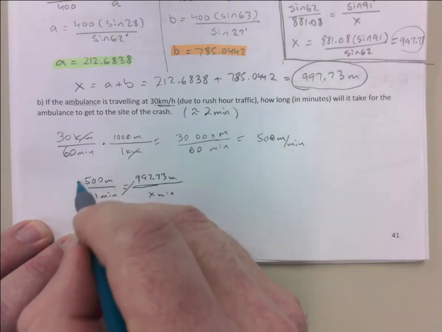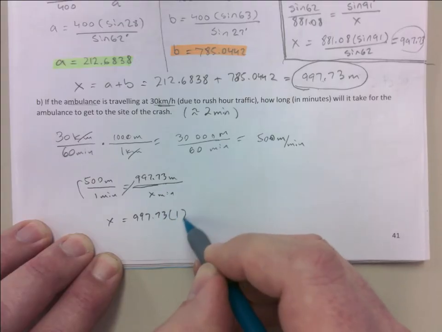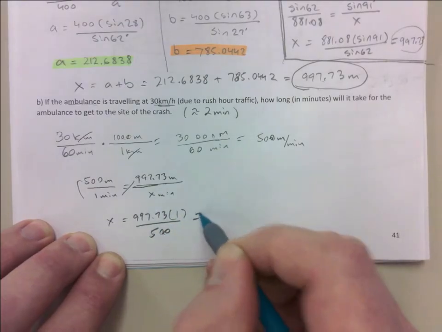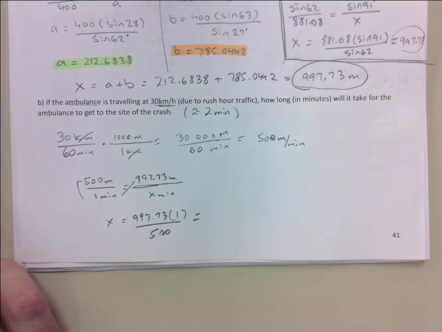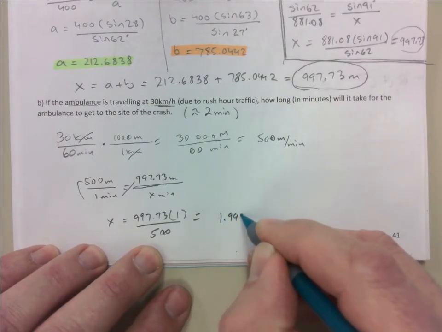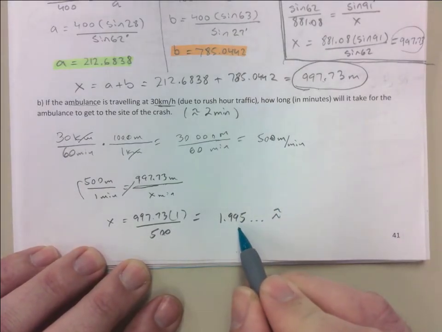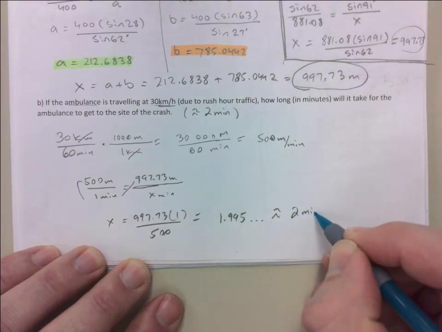So you cross multiply and divide. 997.73 times 1 divided by 500. I still have that answer on my screen. I'm just going to divide. I get 1.995, right? That keeps going. So you have to round to 2 decimals, right? So that would actually bump this up to 2 minutes exactly.